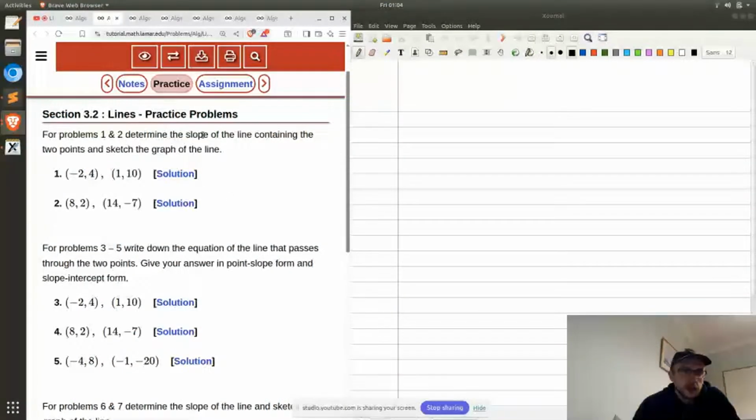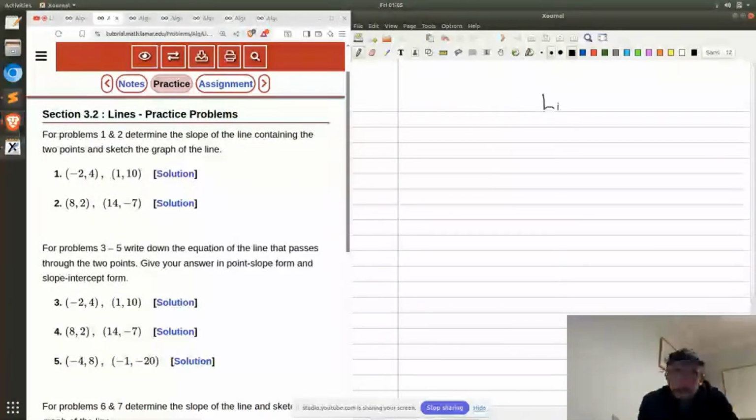1 and 2, determine the slope of the line containing the 2 points and sketch the graph of the line. Okay. So, to determine the slope of the line containing the 2 points, first you need to find the gradient.